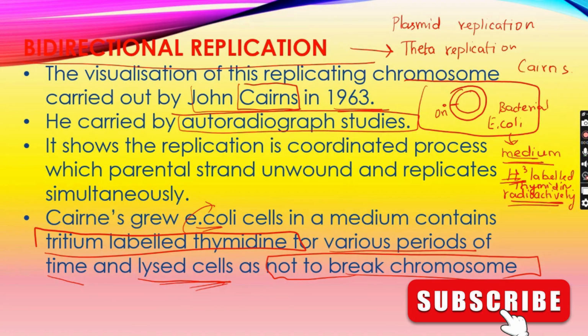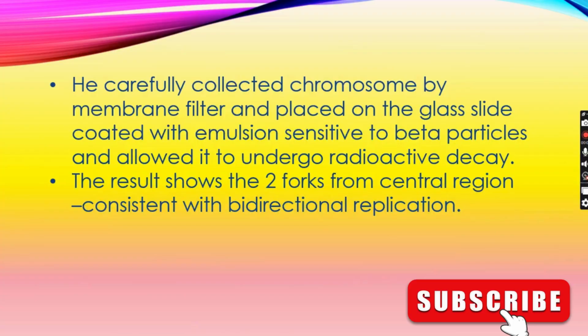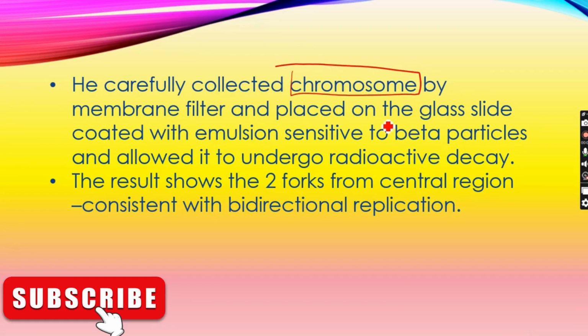Only the lysed cells are taken up, and the chromosomes are collected first. Next, the collected chromosomes are filtered to get rid of other biomolecules, so the chromosomes are collected in a purified manner.